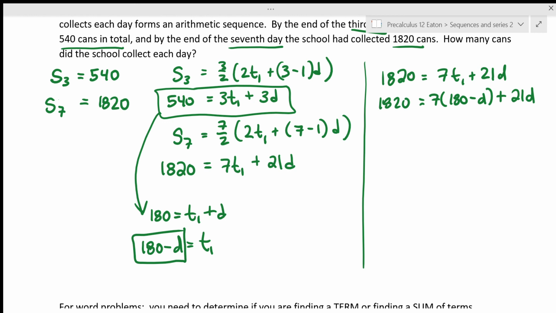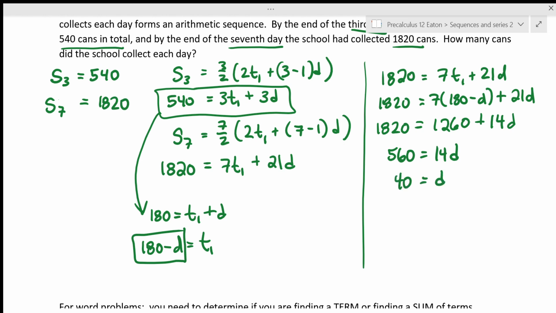Then simplifying, I get 1820 equals 1260 plus 14d, because we have minus 7d and plus 21d. Subtracting 1260, I get 560 equals 14d, and dividing, I get 40 equals d.